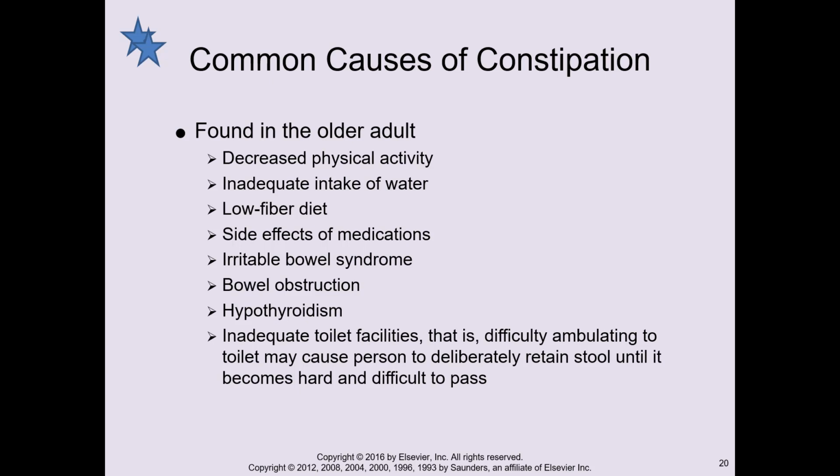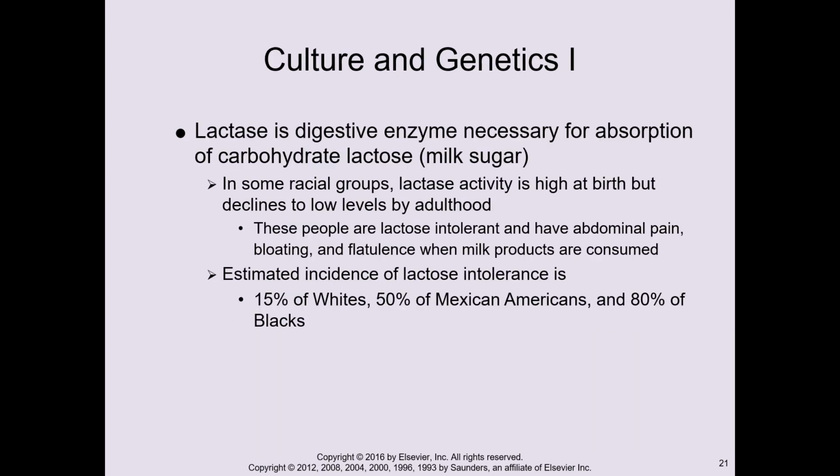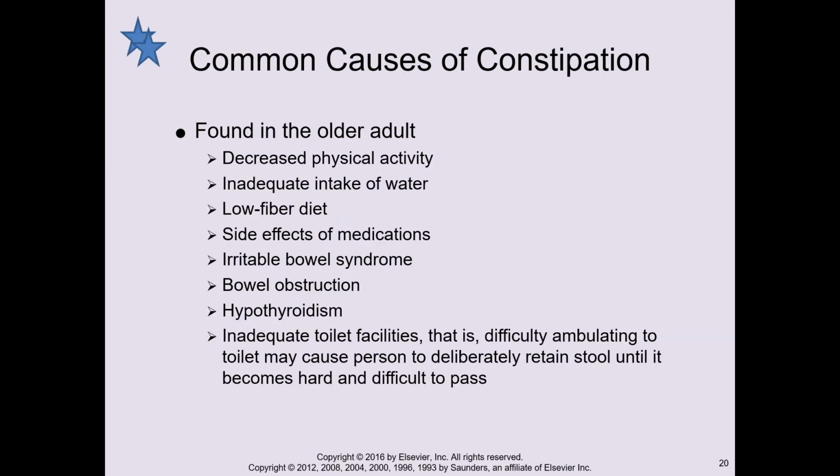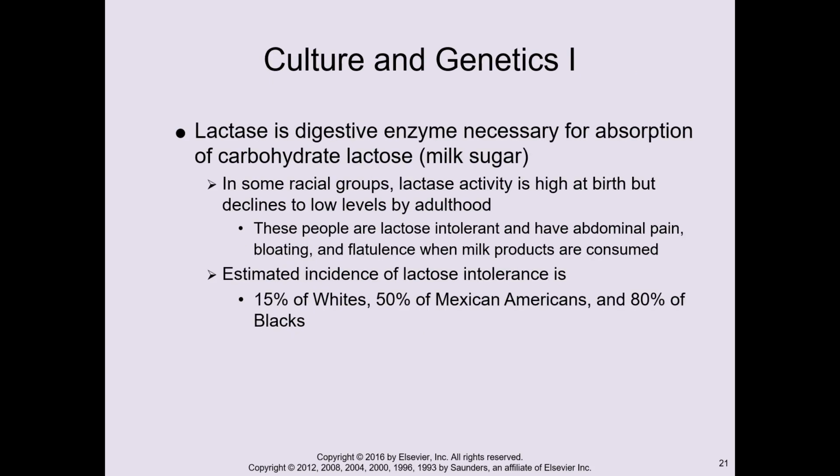Found in the older adult, let's see, decreased physical activity, inadequate intake of water, low fiber diet, hypothyroidism. These are all things that contribute to constipation in older people. Medication is a big cause of constipation, and people do die of constipation.